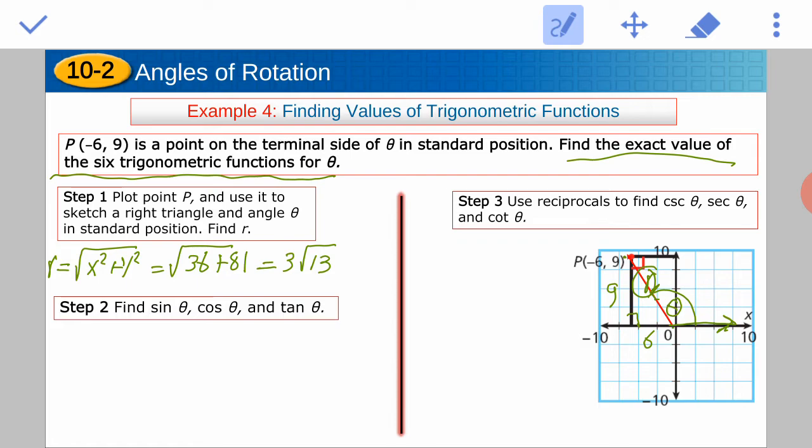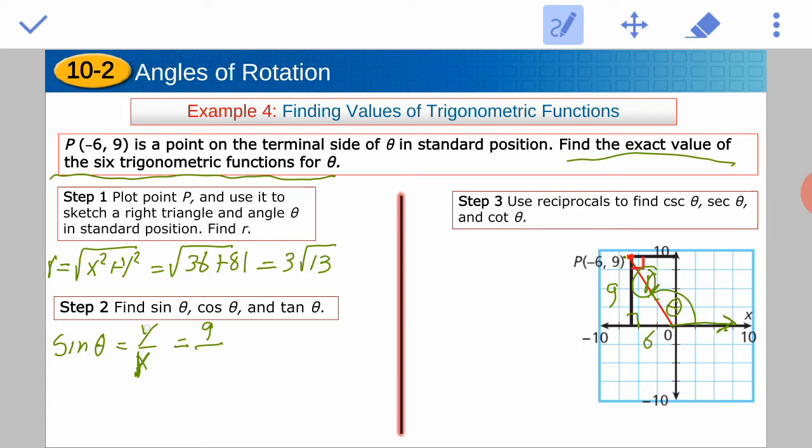Now let's find sine theta, cosine theta, and tan theta. Sine theta formula is equal to y over r, not y over x.